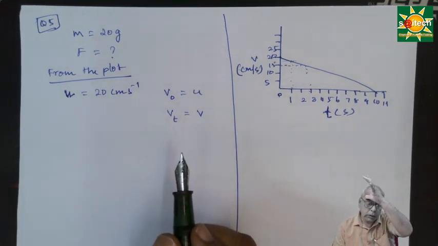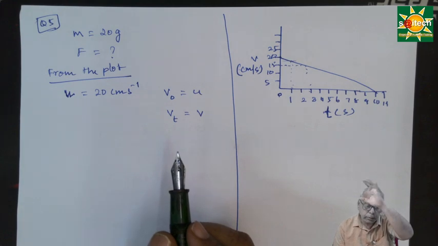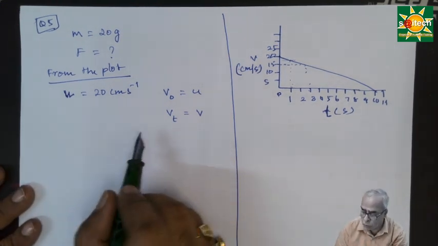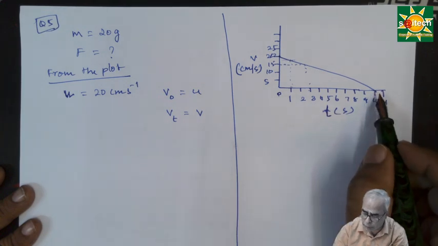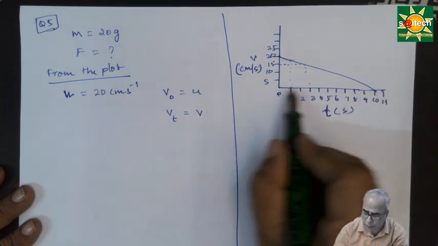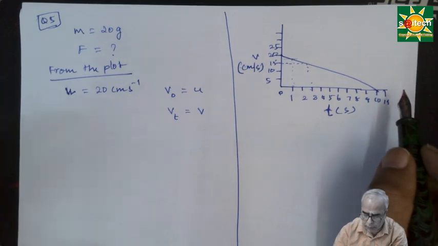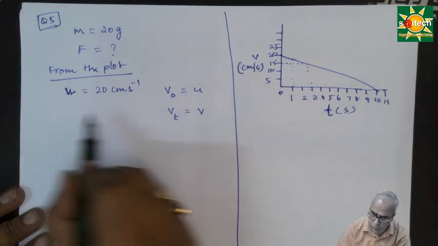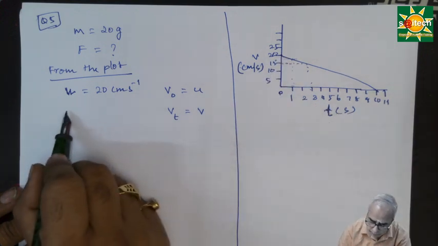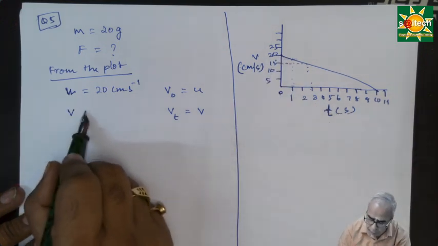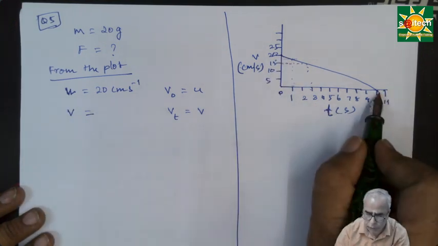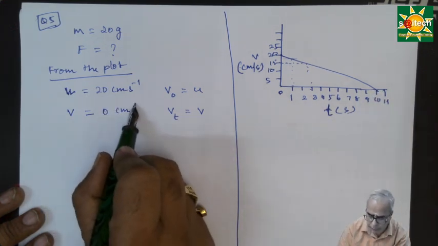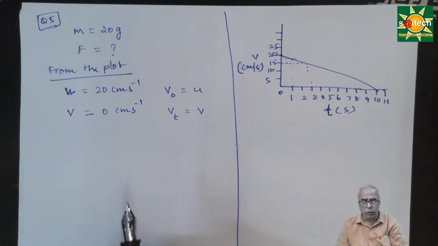Are you able to follow this? Next, what about the final velocity? It is when v reaches 0, that is taken as the final velocity. The ball is going to stop, so you can put 0 centimeter per second.